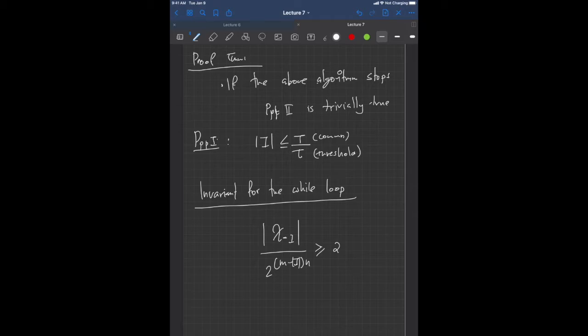So I'll say that this would be at least 2 to the t, yes, it's at least 2 to the minus t. I think I'll need a... yes. So this t is the amount. Okay, so I'm just trying to figure out the normalization.